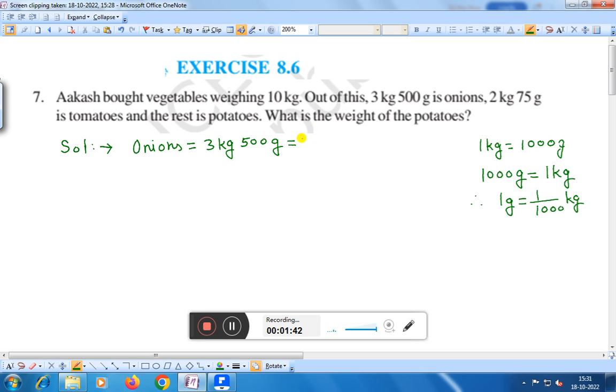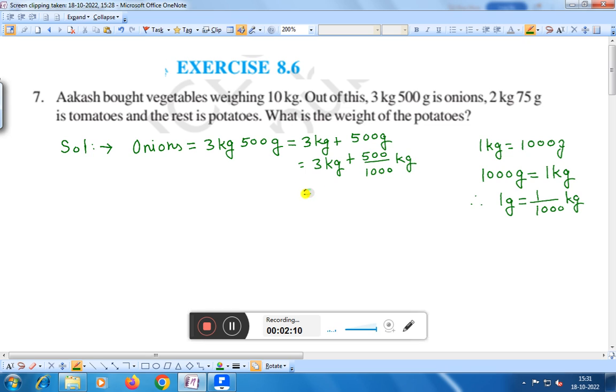Therefore it is 3 kg plus 500 gram, that is equal to 3 kg plus 500 by 1000 kg.